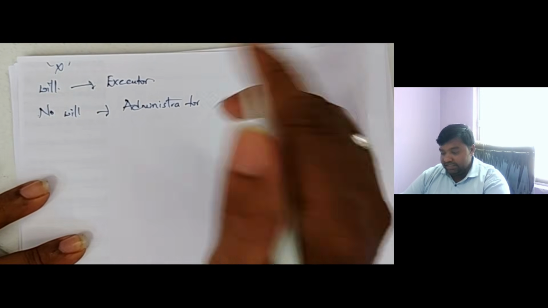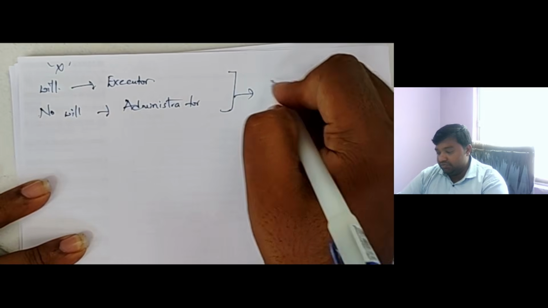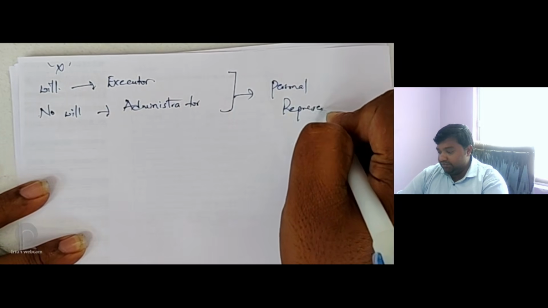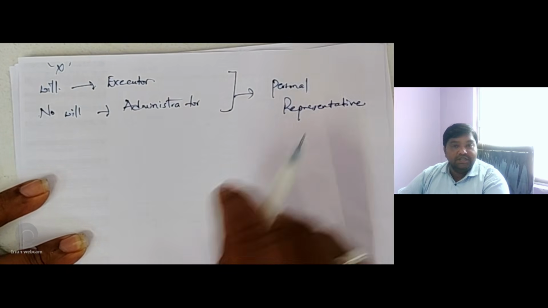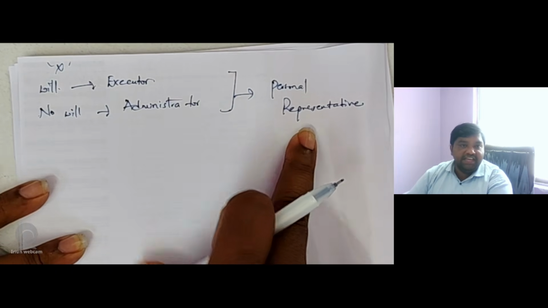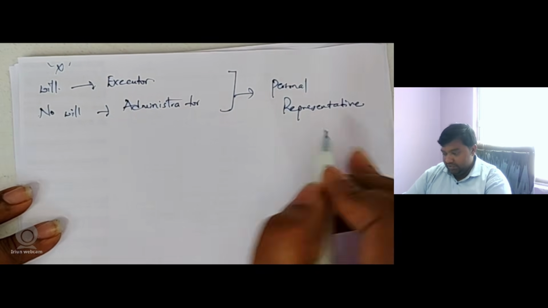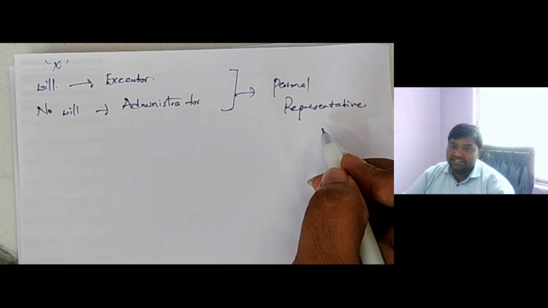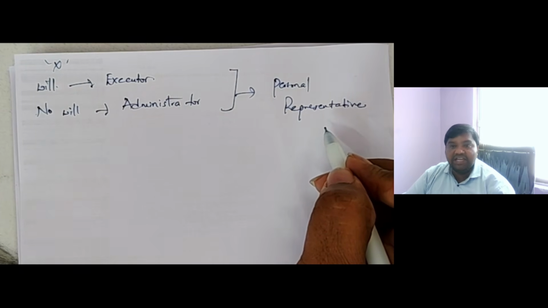Whatever the name is, the IRS calls them personal representative. It means this person is responsible for any taxes owed to the IRS because of the estate. So what is the responsibility of the personal representative? He will be liable for any taxes and for distribution of assets from the X estate.